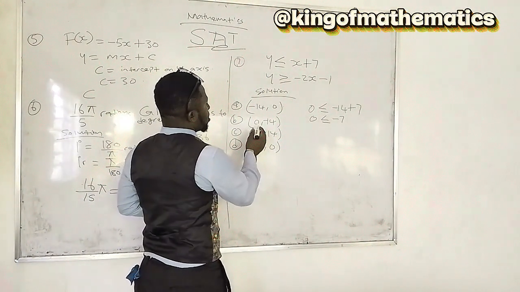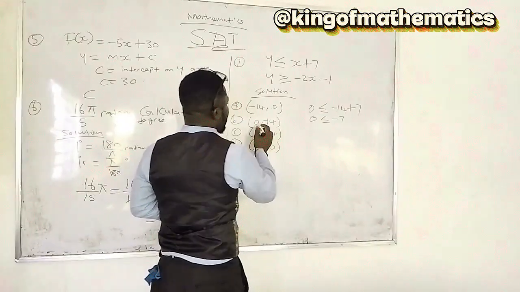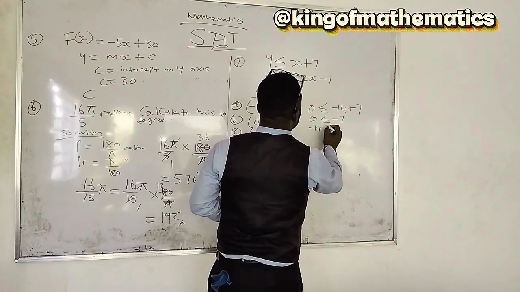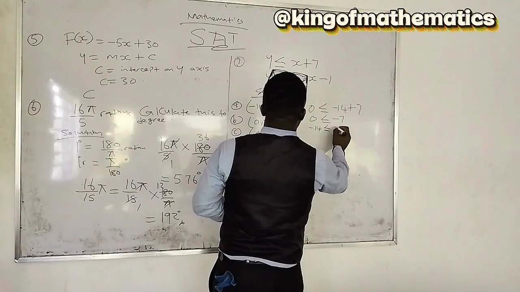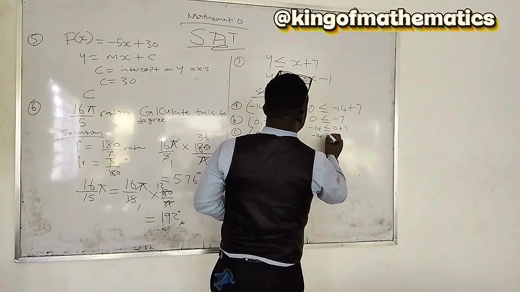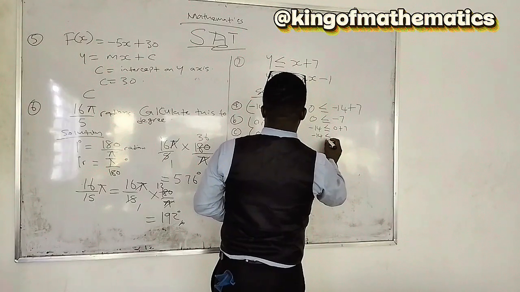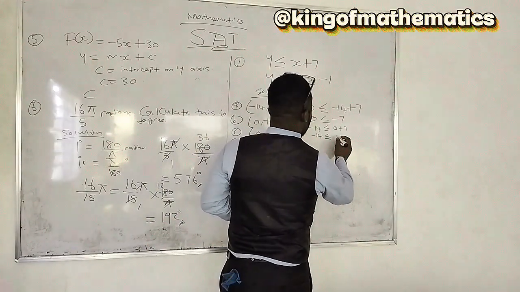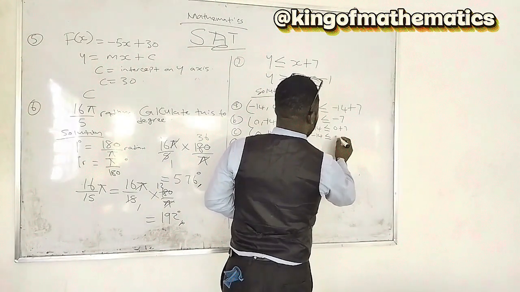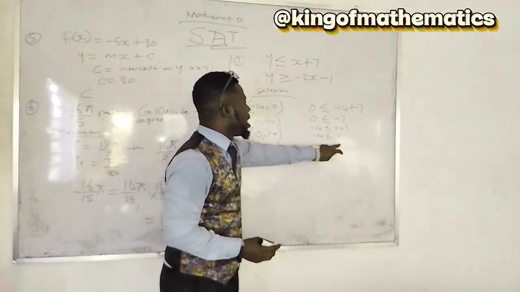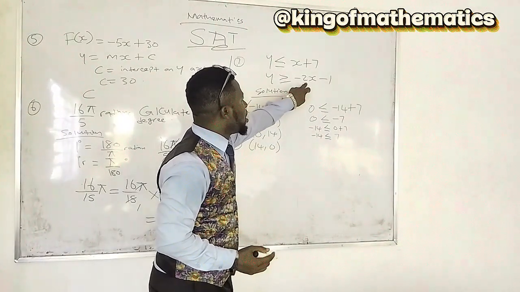When you substitute the 0 for x and you put minus 14 for y, we now have minus 14 less than or equal to 0 plus 7. Minus 14 is less than or equal to 7. Yes, minus 14 is less than 7, but let's check the other inequality.